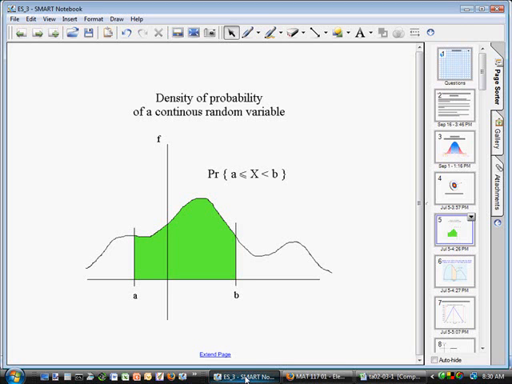Well, we're going to be talking a little bit about probability in this chapter. Probability relates to what are your chances, and all the chances. It's kind of like flipping a coin.